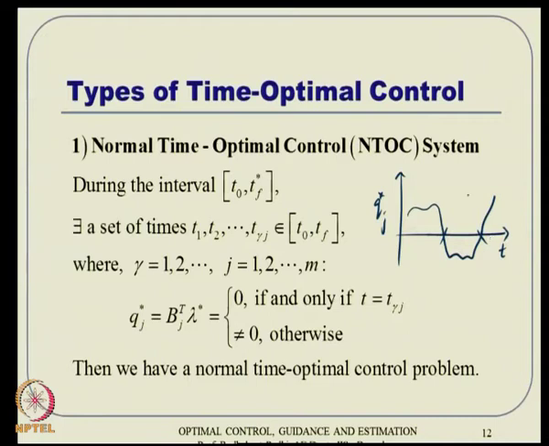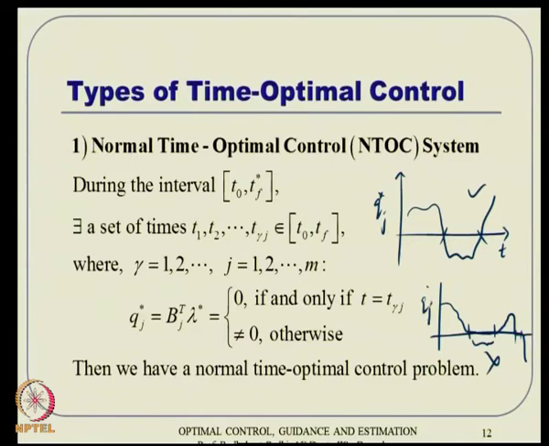So this is allowed. But if it remains 0 over a finite segment, then goes positive, remains 0, comes down, and this kind of thing, that is not allowed.